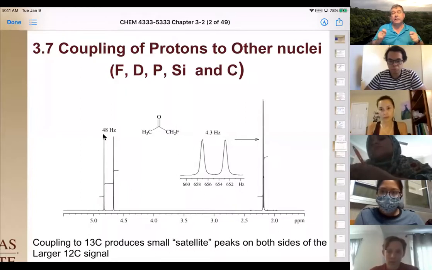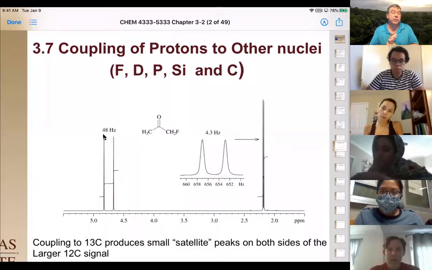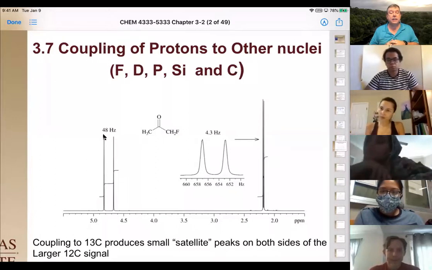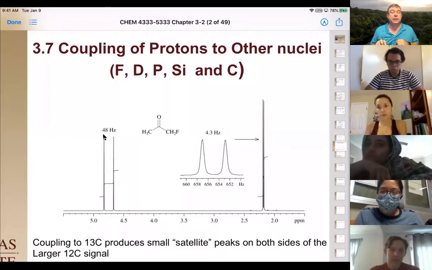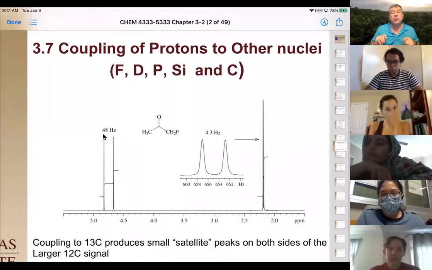And the crazy thing about fluorine is it can actually couple across more than the 3 bonds we typically see. And deuterium has technically a spin of 1, and it can do some splitting, but we tend to not see that very much. Phosphorus and silicon both have isotopes that do have half spin, and they can couple. And carbon-13, even though it's naturally occurring at only 1.1%, does show up as coupling.